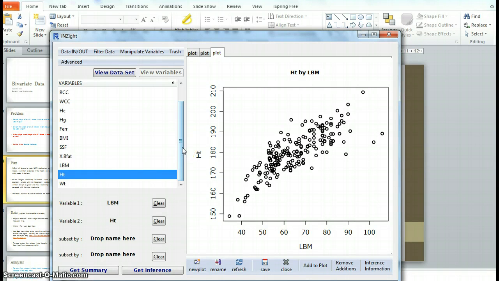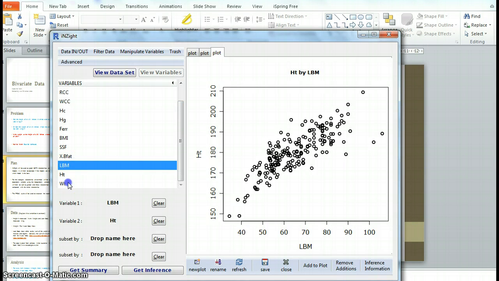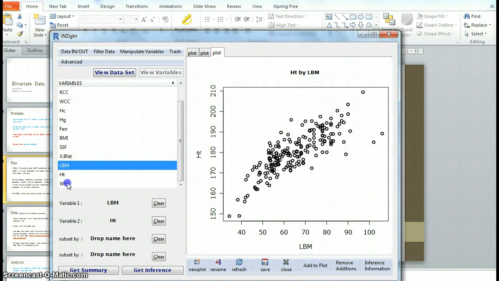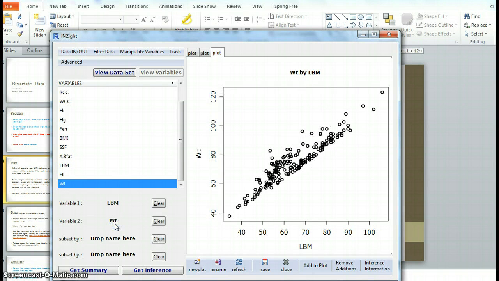Then I need to choose one of those graphs, and I want to choose the one that's stronger, so I'm going to choose LBM versus weight. LBM goes there, weight goes there. That's the one I'm going to continue to work with and analyze.